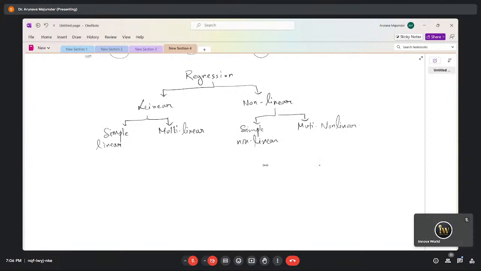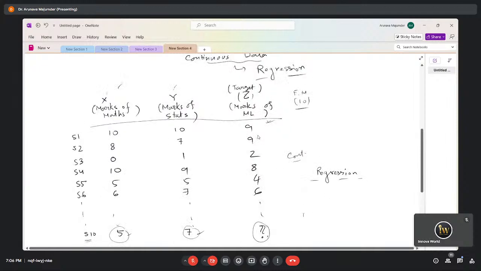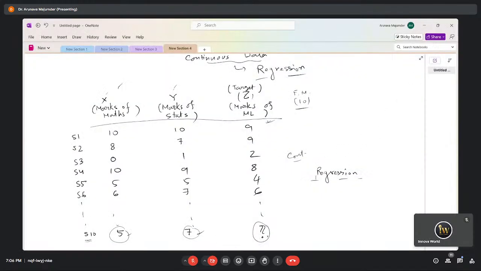Now go back to the previous data set where the marks of mathematics, marks of statistics, and marks of ML are there. We are not looking at the target variable right now; we're looking at the independent variables. So how many independent variables are present? x and y, two independent variables.